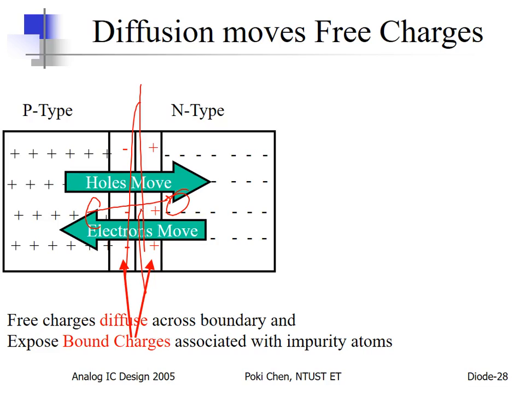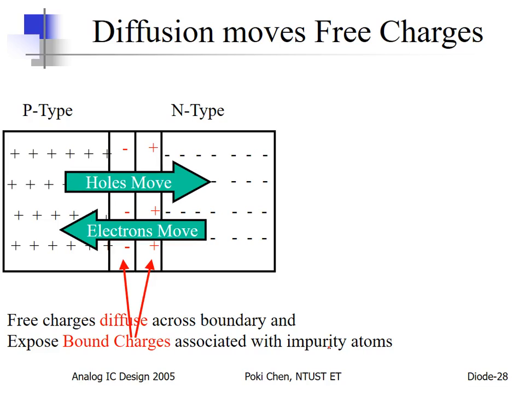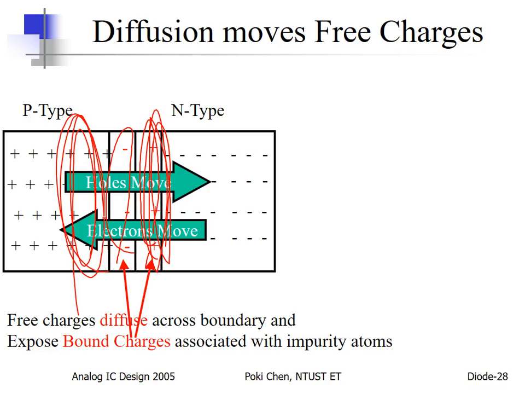The mechanism is very simple because I told you already. After movement, this will become positive. That will become negative. What does it mean? For the holes, you have positive charges here. The potential becomes higher. So it will become harder for the second tier to move to the other side.